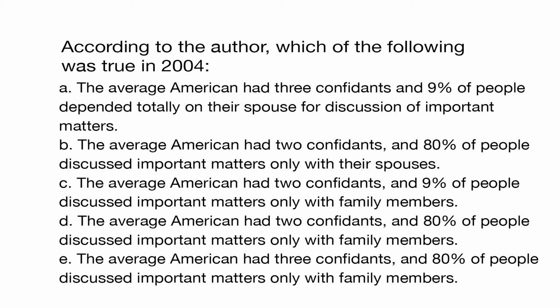D. The average American had 2 confidants and 80% of people discuss important matters only with family members? Or E. The average American had 3 confidants and 80% of people discussed important matters only with family members? The answer is D. The average American had 2 confidants and 80% of people discuss important matters only with family members.